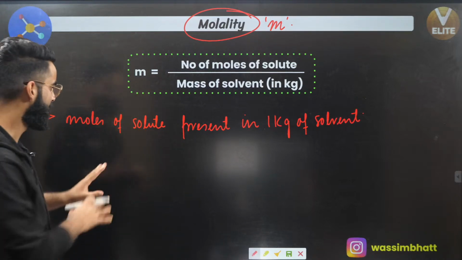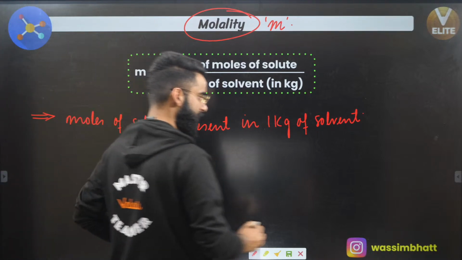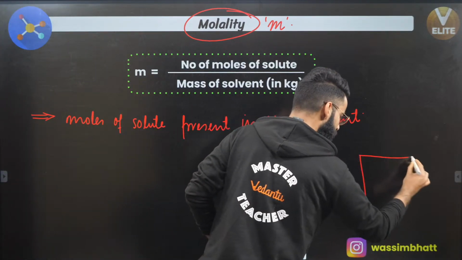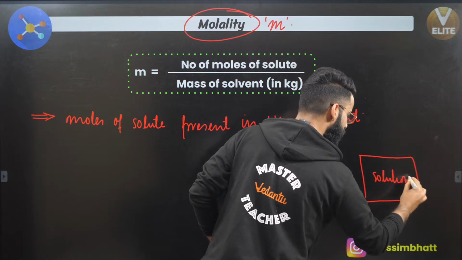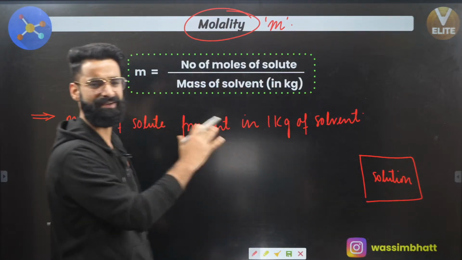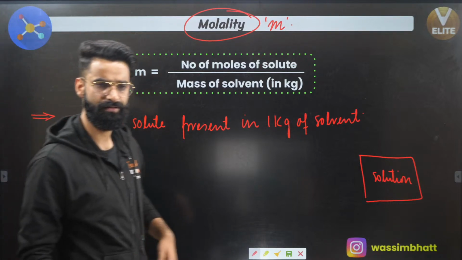Now people understand what all things we can depict from the term molality. Let's say I've got a solution right here in a container. That means in this container you'll have solute as well as solvent, right?